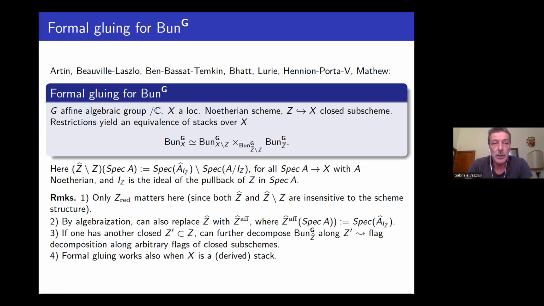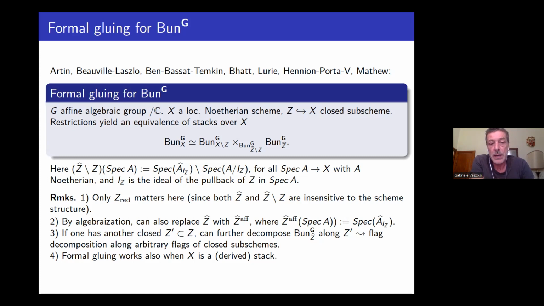And some remarks on this formal gluing result: of course, only the reduced subscheme of Z matters, because both Z hat and these affinizations Z hat minus Z are insensitive to the scheme structure.